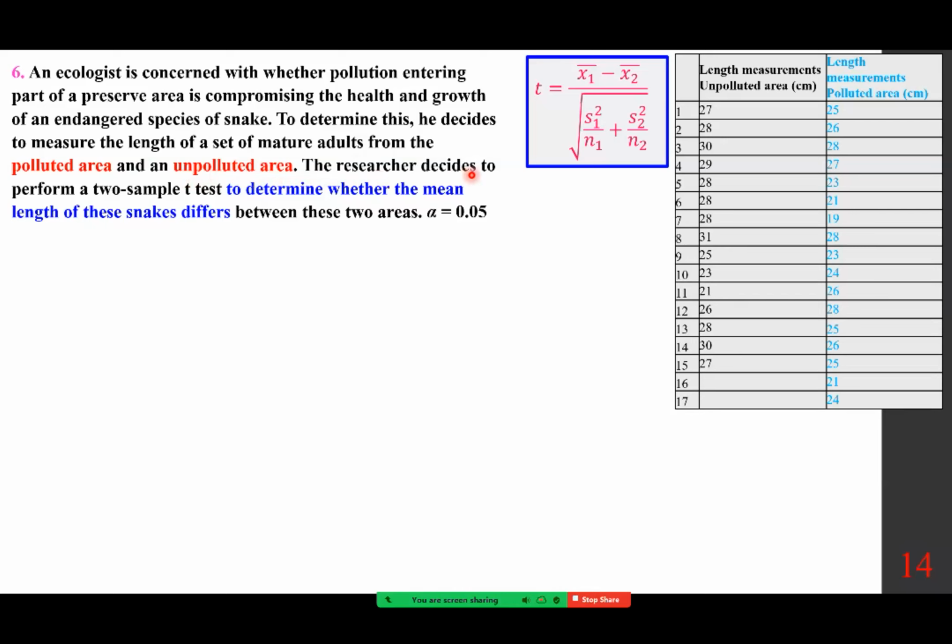The researcher decides to perform a two-sample t-test to determine whether the mean length of these snakes differs between these two areas, with alpha equals 0.05. Perfect. So class, we have two sets of data.